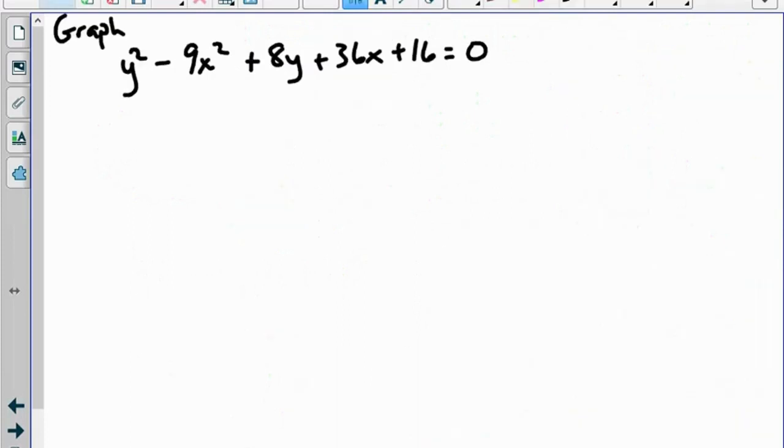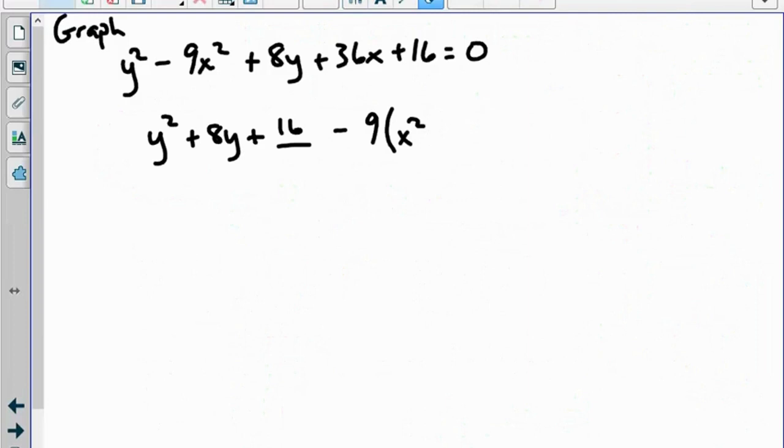Okay, y squared minus 9x squared plus 8y plus 36x plus 16 equals 0. y squared plus 8y plus 16, minus, we're going to factor out a 9 here. So x squared, plus, no, that would be minus because we factored out a negative 9.